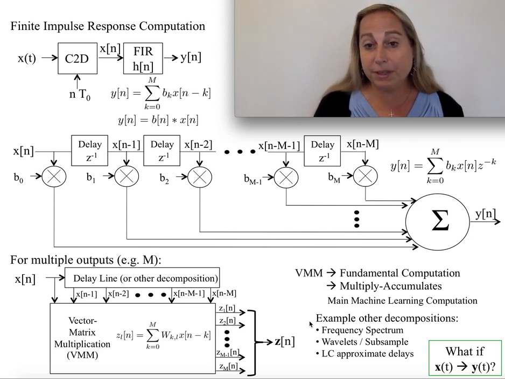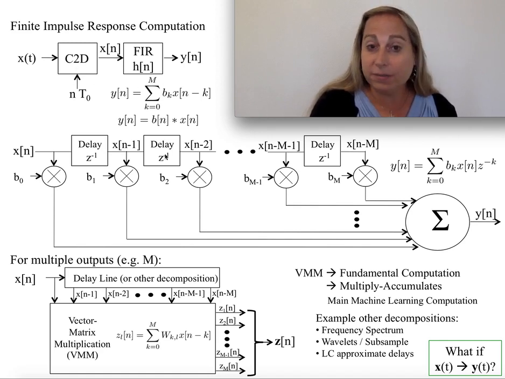Now there's an interesting question to think about, which is, could I eventually imagine just going from x of t to y sub t, without having to do this continuous to digital conversion, and maybe do all of this in a more analog form?